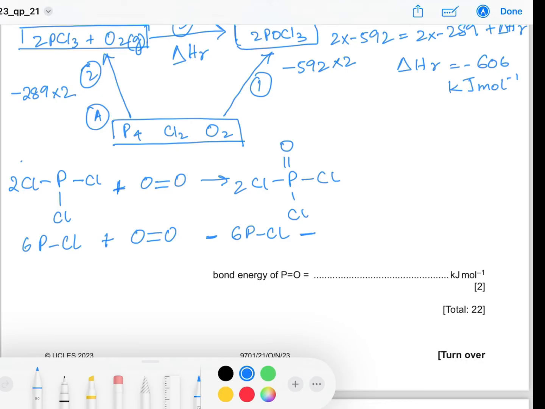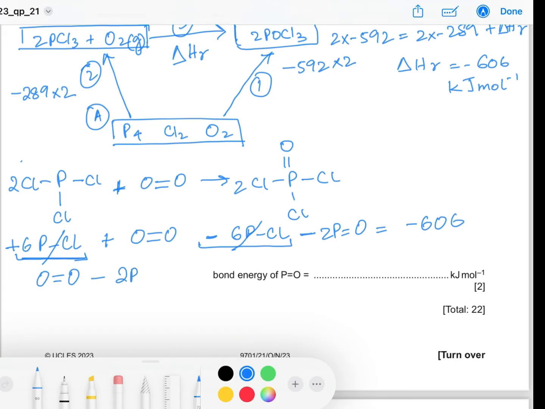So again this is making bonds, which will be denoted by a negative sign, and the sum of these energies will be the enthalpy change of reaction that we calculated earlier, right? As you can see, you break 6 phosphorus chlorine bonds, and then you make 6 of those. The plus and negative cancels out. Now you're left with the bond energy of oxygen double bond.